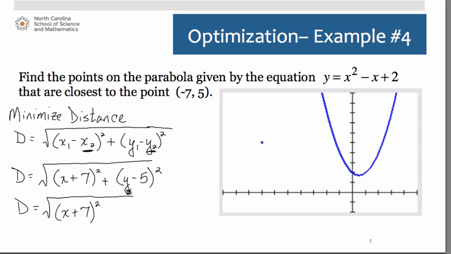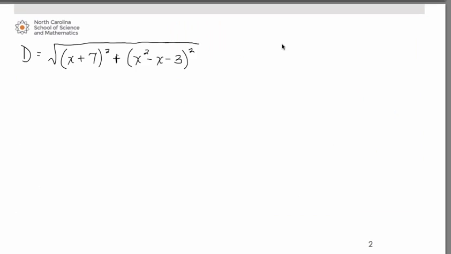If you substitute that equation in place of y, I'm going to go ahead and combine my constant term just so it's a little bit easier. So I end up with x squared minus x. I would have had a minus 5 plus 2, so that becomes minus 3. And we have that quantity squared. Now we have a primary equation that we can work from that is in terms of one single variable.